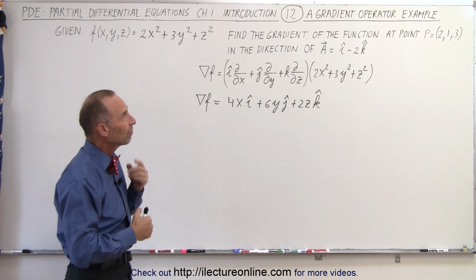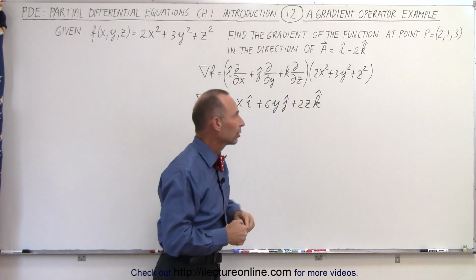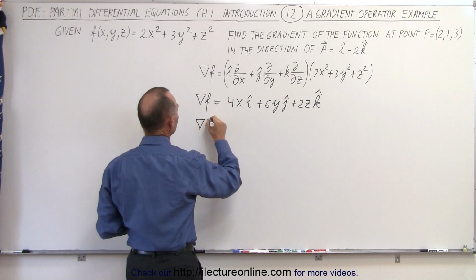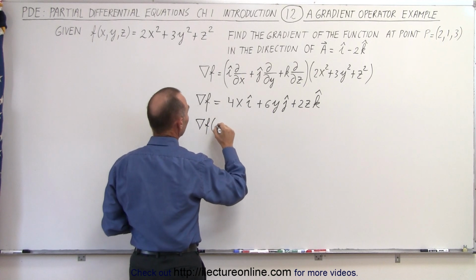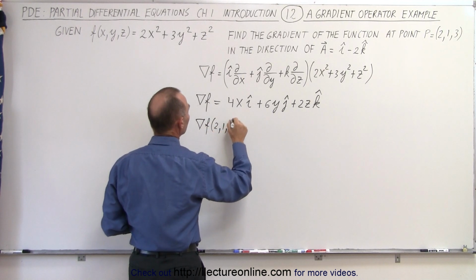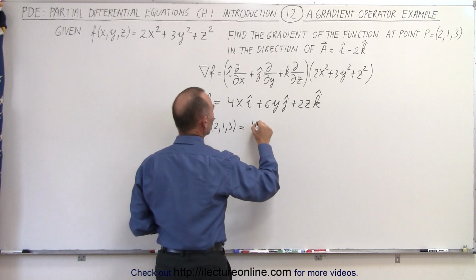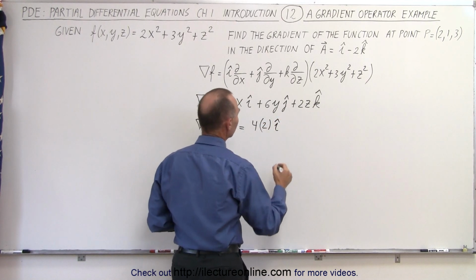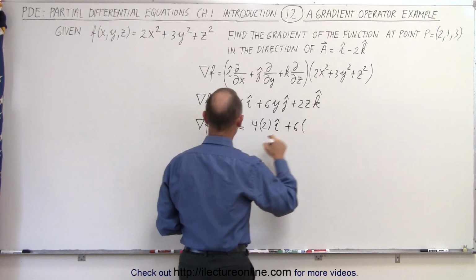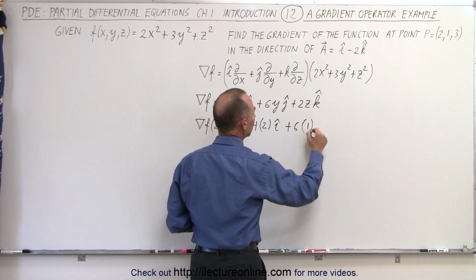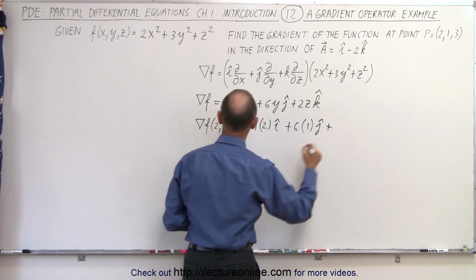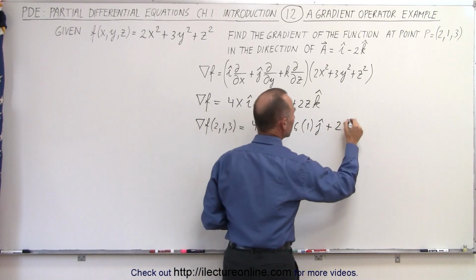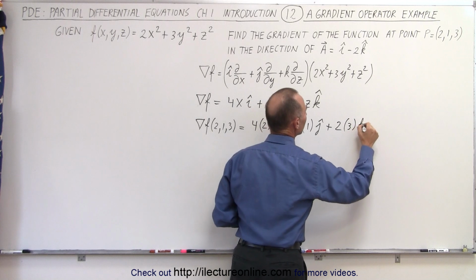But now we want to evaluate that at a particular point. So we can now say that the gradient of that function, evaluated at (2, 1, 3), is equal to 4 times x, which in this case is 2, in the i direction, plus 6 times 1 in the j direction, plus 2 times z, and z is 3, in the k direction.